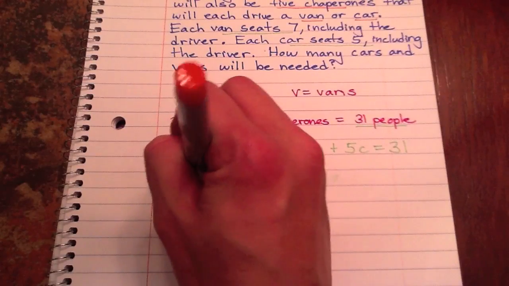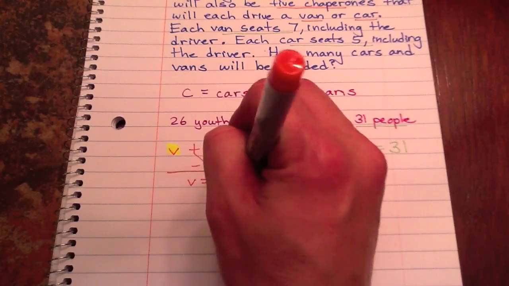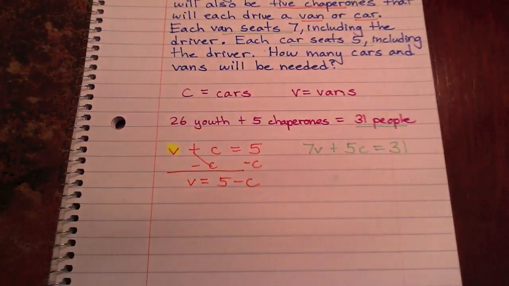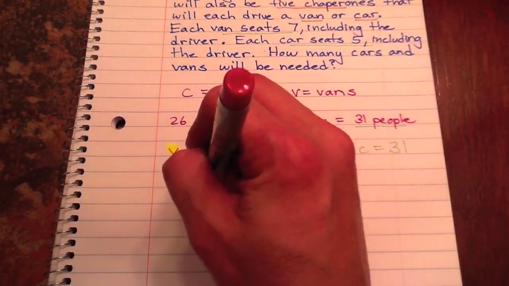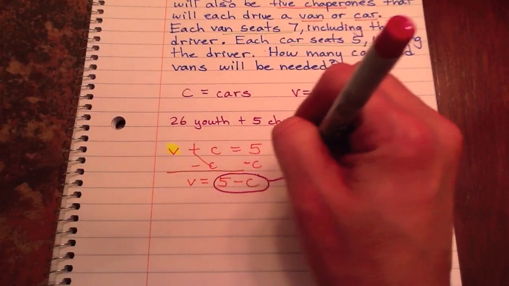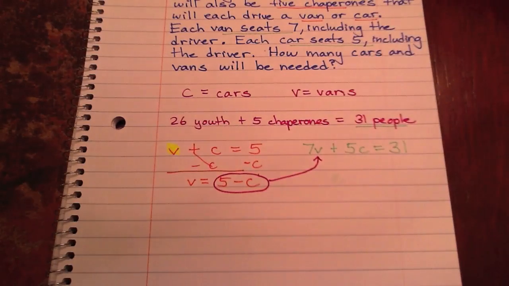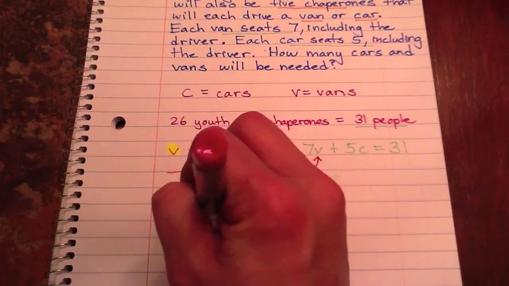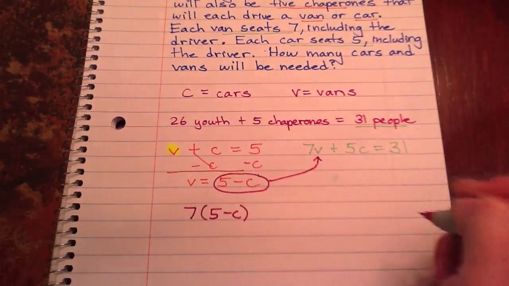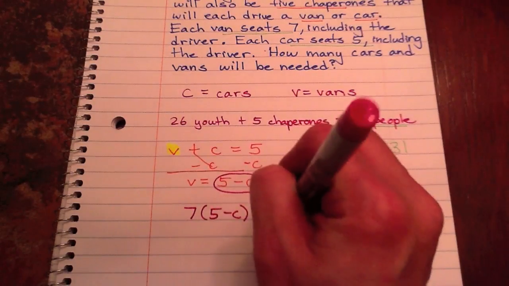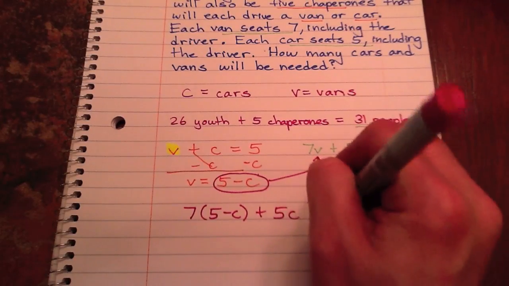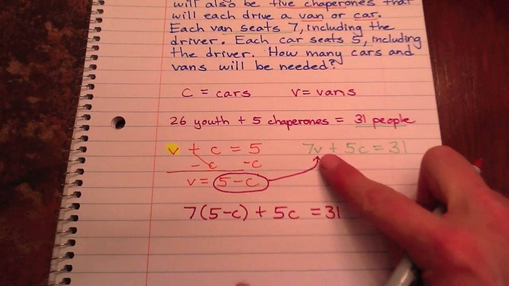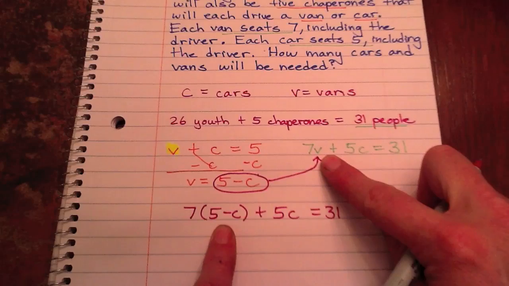And you end up with V equals 5 subtracting C. And that is what you're going to plug in for V. Rewrite your one equation, 7 times (5 subtracting C) plus 5C equals 31. So I rewrote that equation, but I plugged that in for V.